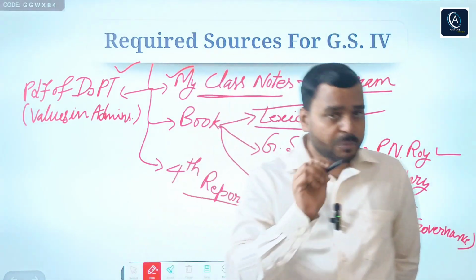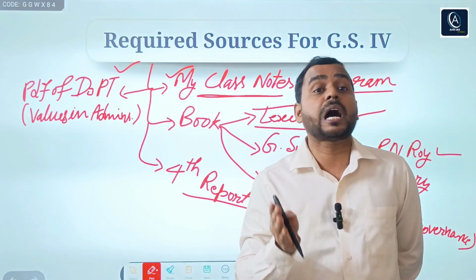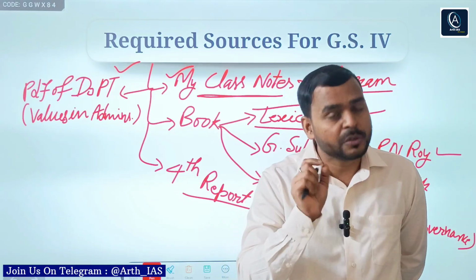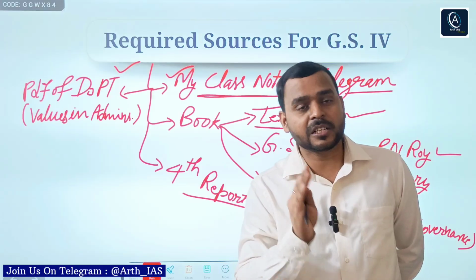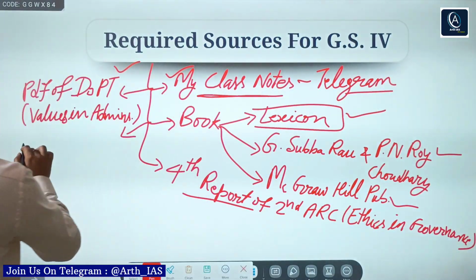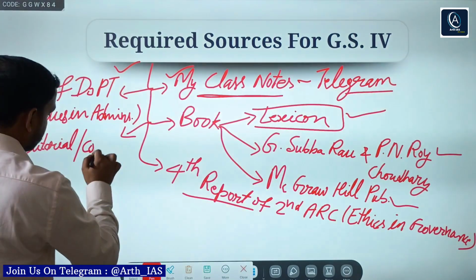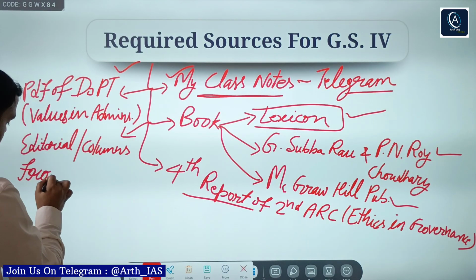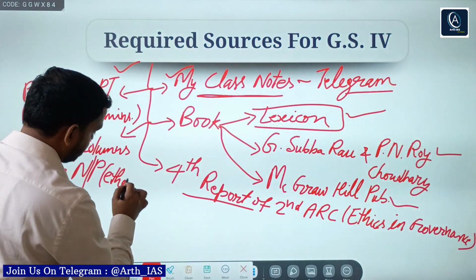Apart from that, one more important thing, as I said, that it rewards originality. So how will you bring originality? To bring originality, you need to read the newspaper, right? Especially editorials, articles, columns that are written from an ethical perspective.